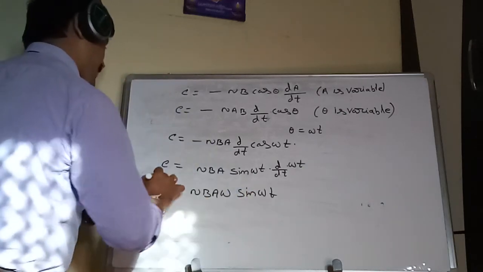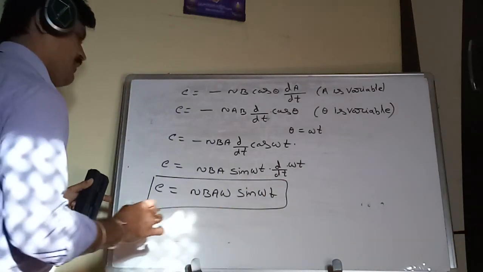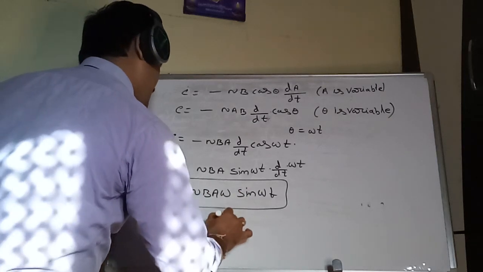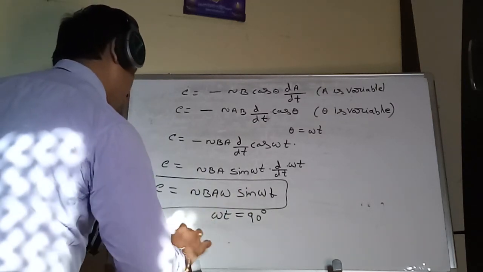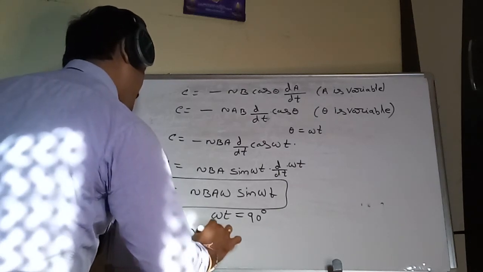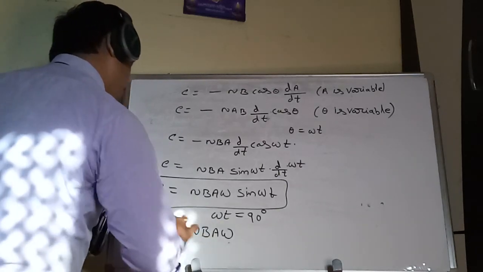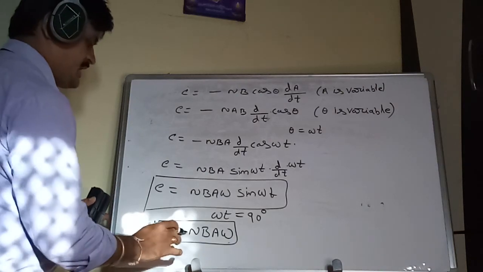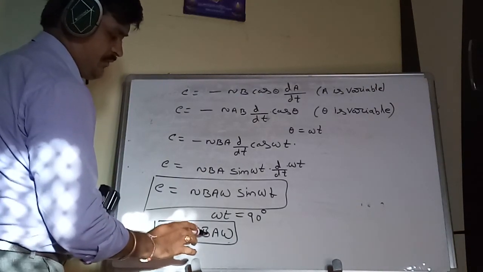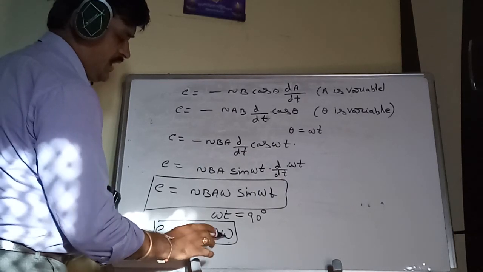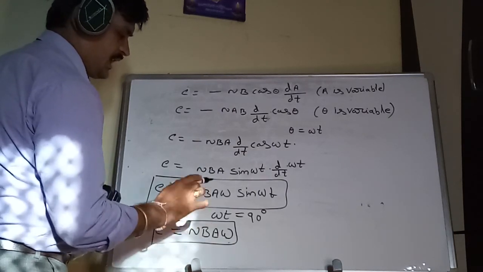So the maximum is when sin omega t equals 1, that is omega t equal to 90 degrees, so E equal to NBA omega. E depends on the number of windings, the uniform magnetic field, the area, and the angular velocity omega.